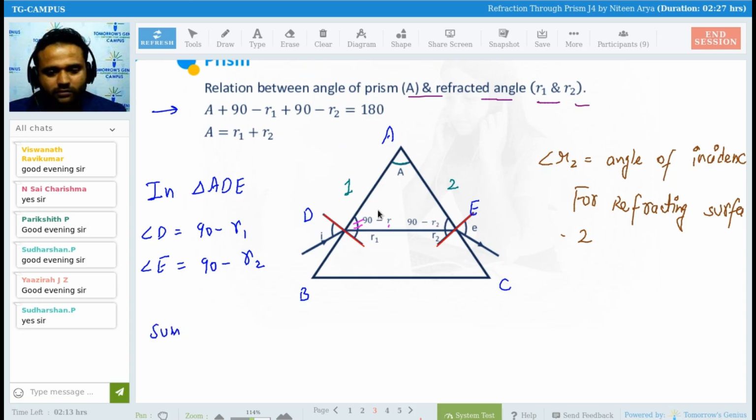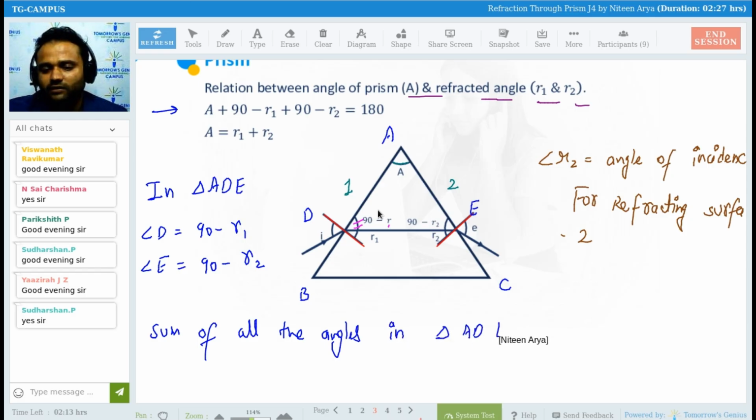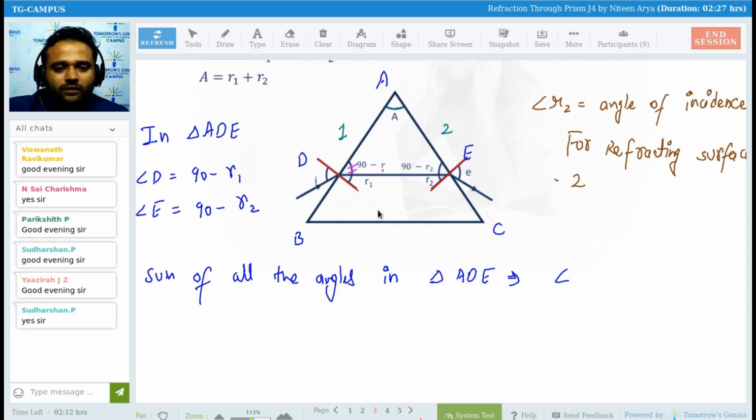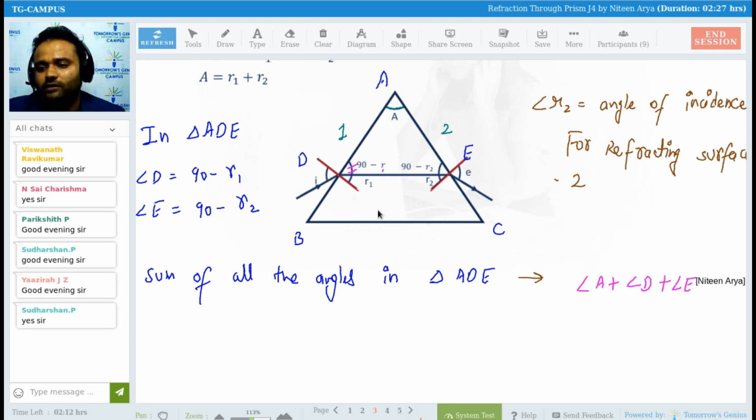The sum of all the angles in triangle ADE, which is this, angle A plus angle D plus angle E is going to be 180 degrees.